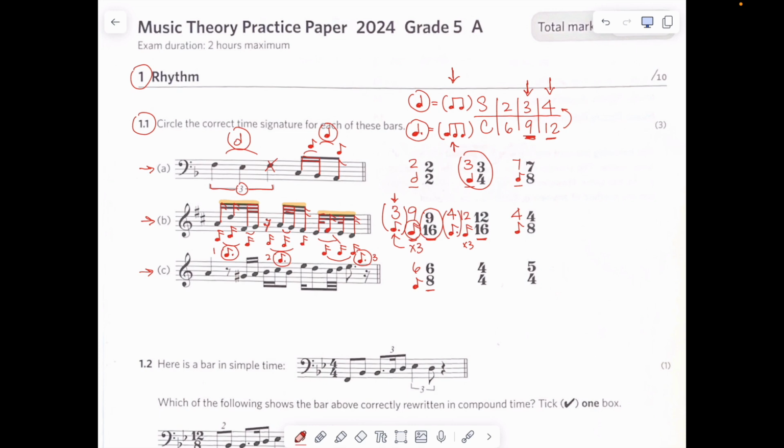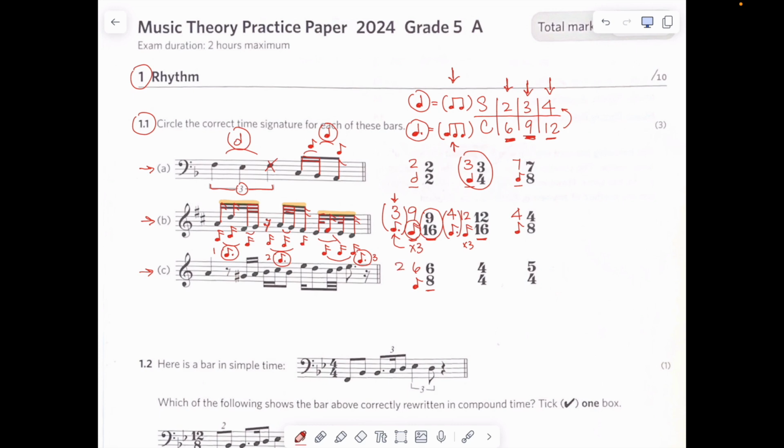Again, because it is compound time, it doesn't mean that there are 6 beats of quaver. It just means there are 6 quavers. So we have to do one more step to simplify it into 2, 3, or 4 beats. If you look at the chart, this one is number 6. So number 6, look at the first column. Now 6 means 2 groups of 3, right?